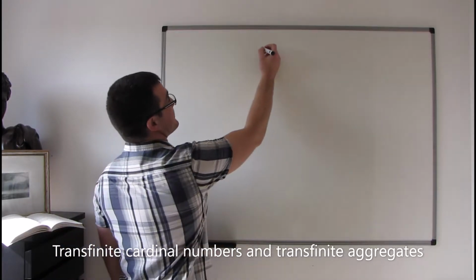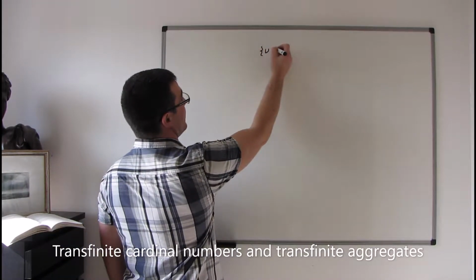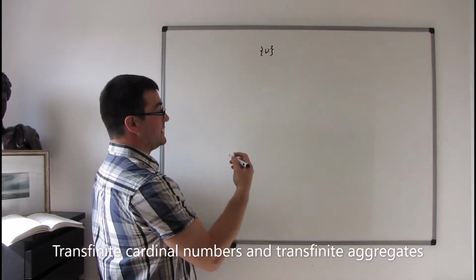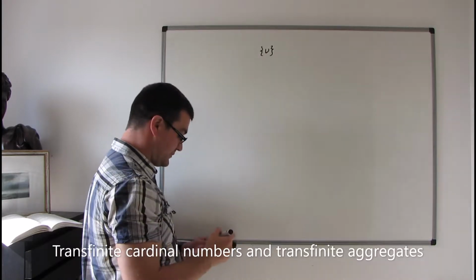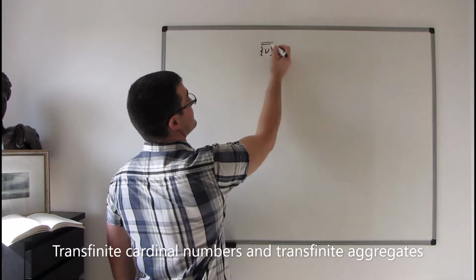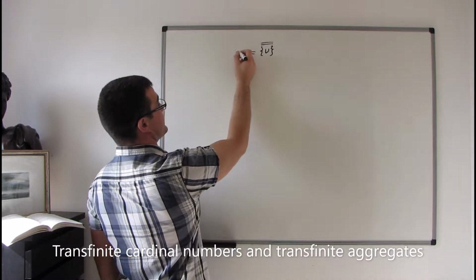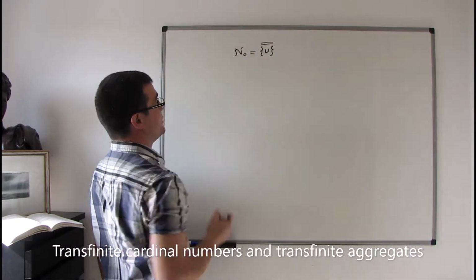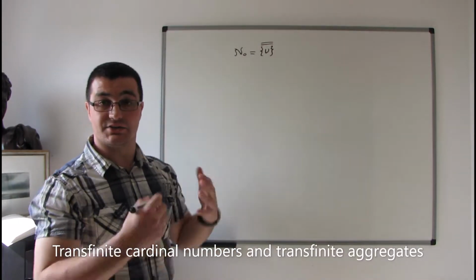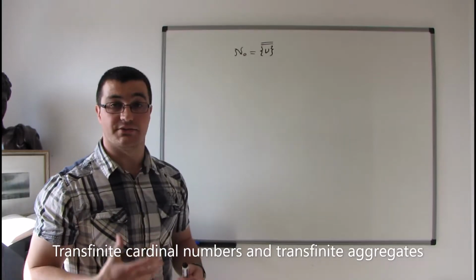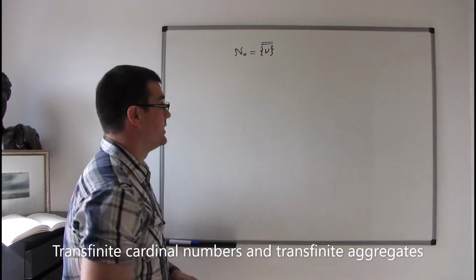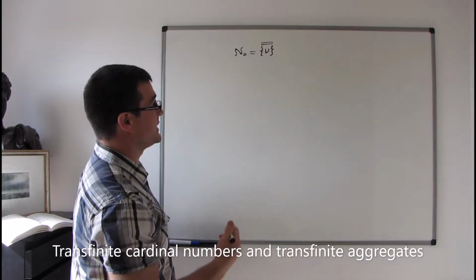So let's take the aggregate of all of the finite cardinals, nu, and let's take this being an aggregate itself, we can take its cardinal number, and we're going to write this as Aleph naught. So what we need to show then is that Aleph naught is not a finite cardinal, and therefore it's one of these transfinite cardinals that we're talking about.